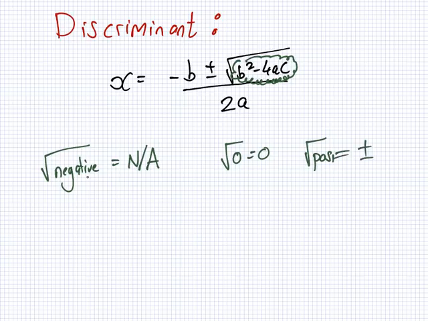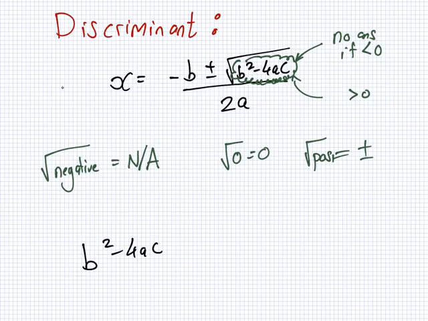So if this was negative, we have no answers. If it was positive, we have two answers, and if it was 0, plus or minus 0 is the same thing, so you have only one answer. So this part of the formula can tell us how many roots we have, how many answers.